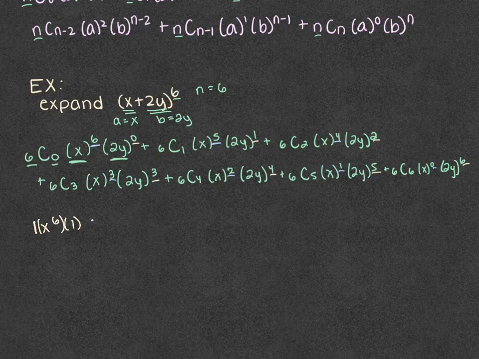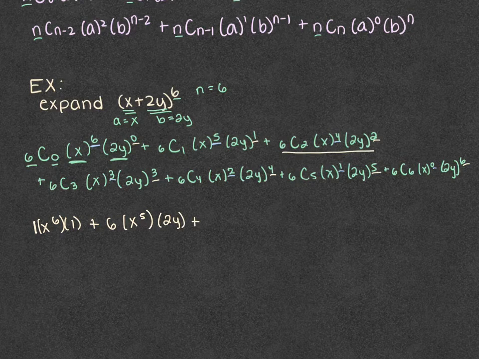Okay, plus 6C1 is just 6, x to the 5th, and then 2y to the 1st is just 2y, plus, we're on this one now, 6C2 comes out to 15 times x to the 4th, 2y squared, so 2 squared is 4, and then y squared.